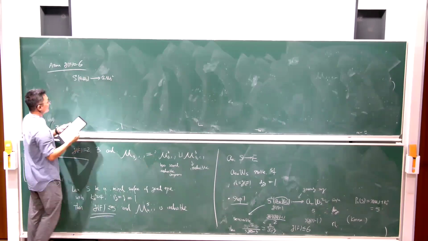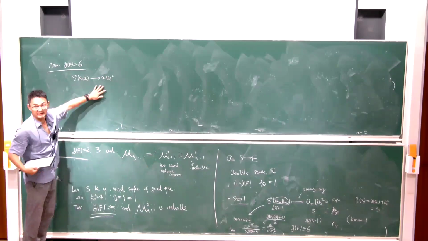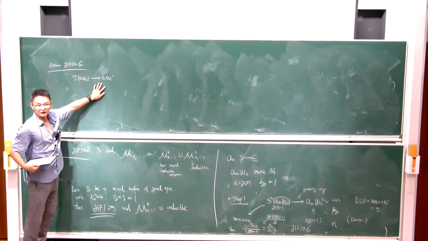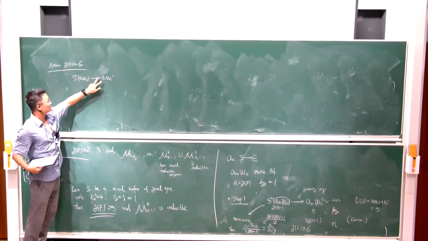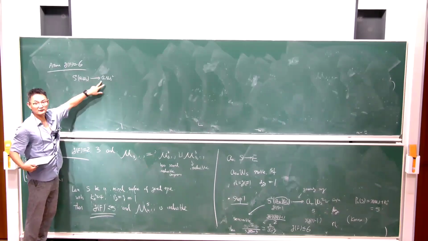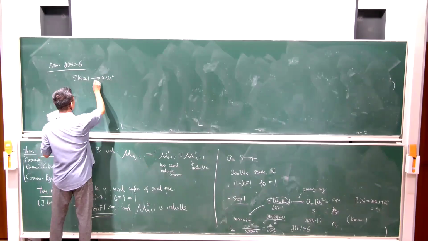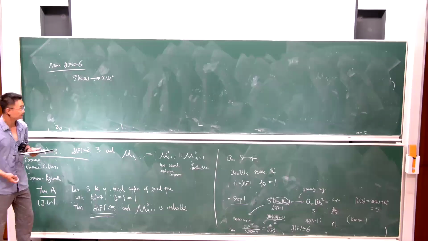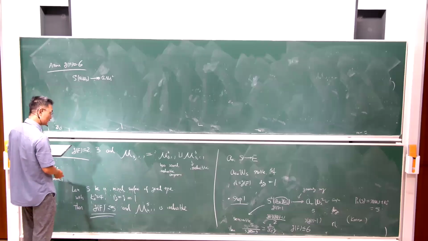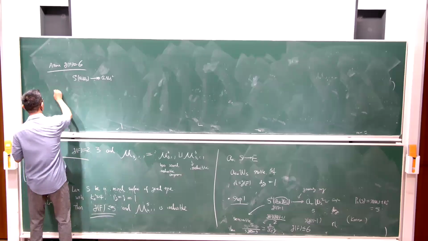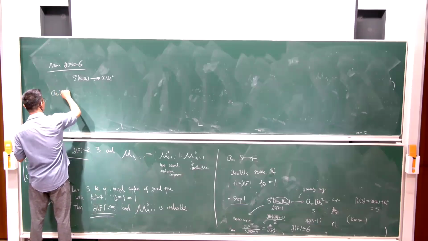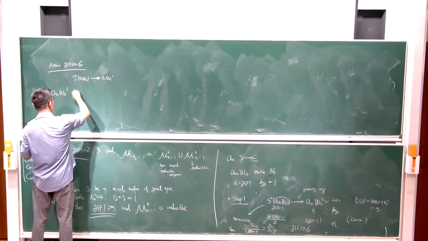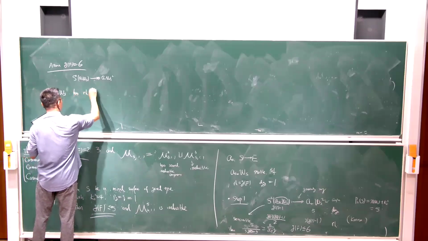So this is generically surjective, and the 2 slopes are the same. It can only happen when this map is surjective. Okay, this should be surjective, and they have the same slope. And now what we can do is the following. So now this has rank 6 and degree 1.